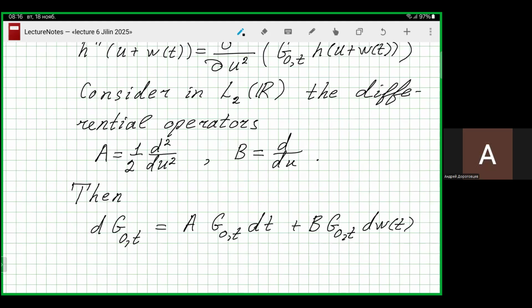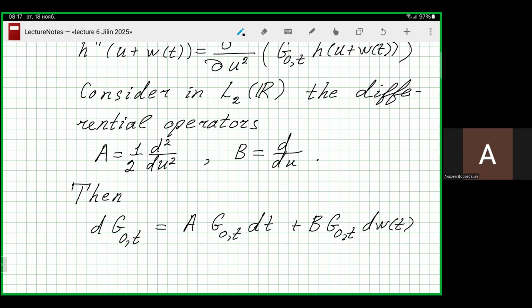You remember we take h from this set of smooth functions, and then the result J_{0T} h is also a smooth function. Then we apply these differential operators and have such equality.